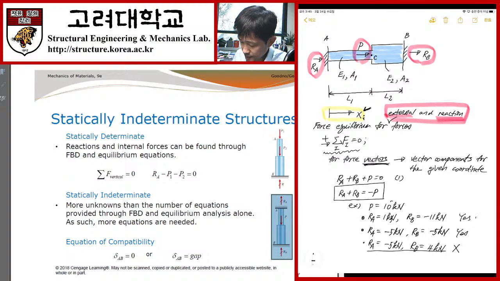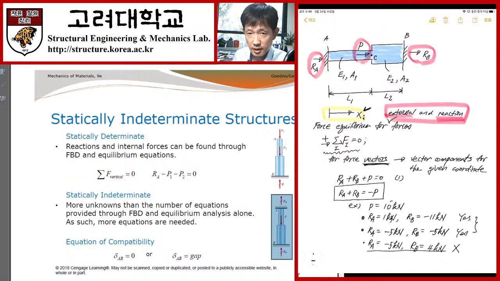Why does this problem happen? Because we have only one equation for two unknowns. That's why we have infinitely many sets of reactions which satisfy the force equilibrium condition. That's the problem. So in the case of such statically indeterminate structural systems, we cannot determine the reaction forces using the force equilibrium condition alone, I mean between the external and the reaction forces.